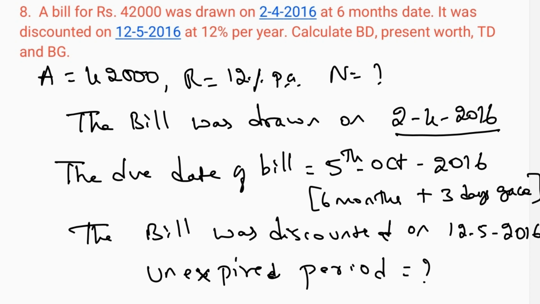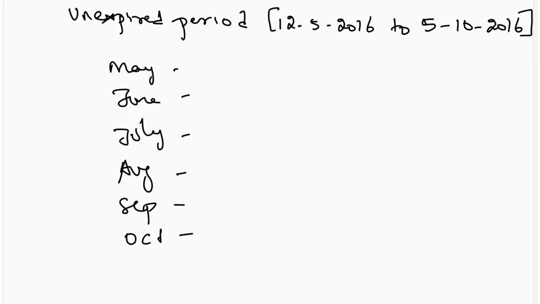The bill was discounted on 12/5/2016 according to the question. That is 12th May. So what is the unexpired period? We have to find out N. The unexpired period will be from 12th May to 5th October. In each month, how many days? From 12th May, that month we will get 20 days.